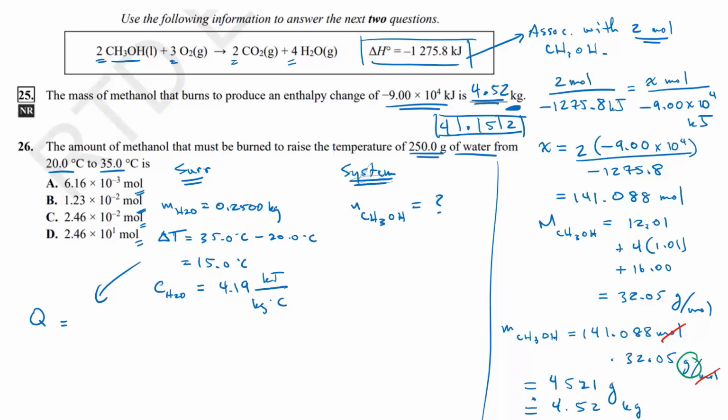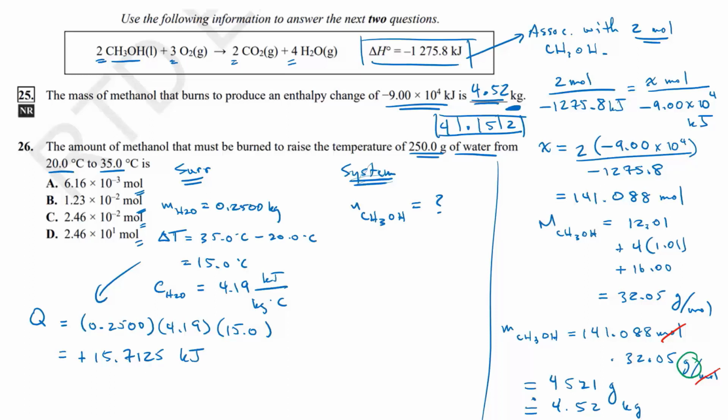Once again, when marking up your exam, you don't need to write down the units as long as you know your units are good. Okay, so what we get here is positive 15.7125 kilojoules. Okay, we get a result in kilojoules there.